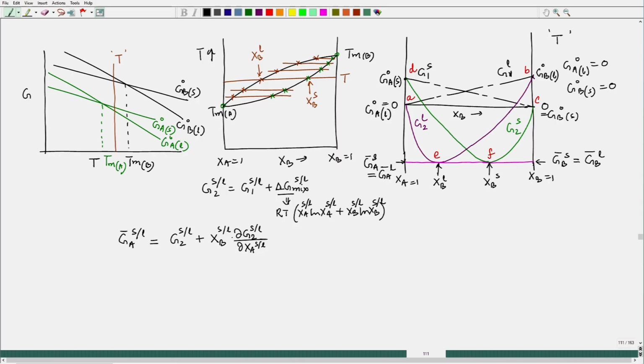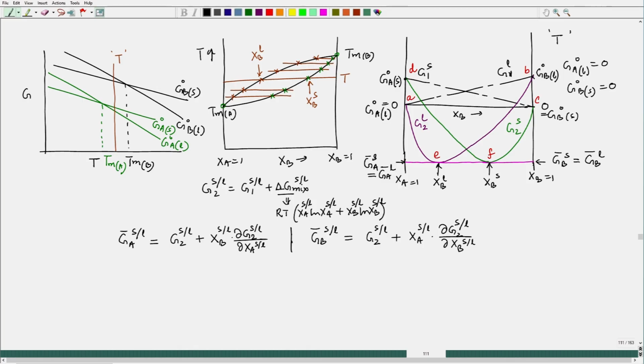Similarly, we can get G_B bar solid/liquid should be equal to G2 solid/liquid plus X_A solid/liquid times dG2/dX_B solid/liquid.